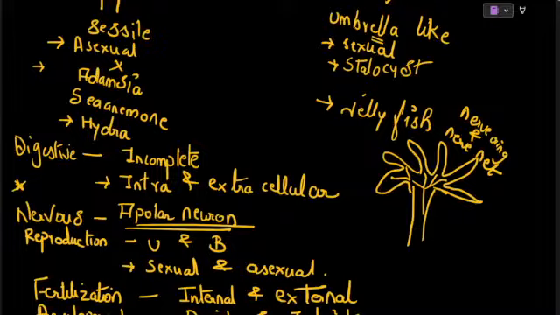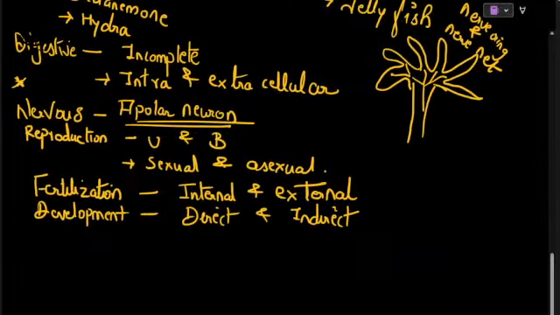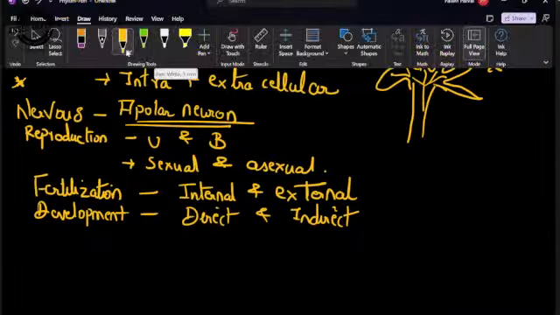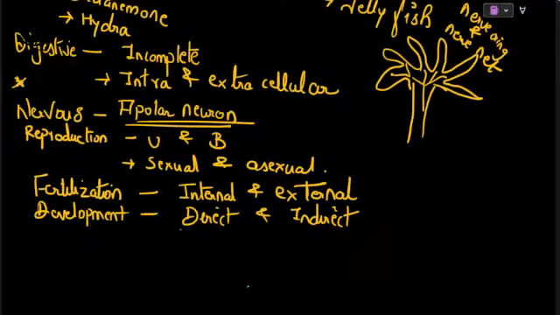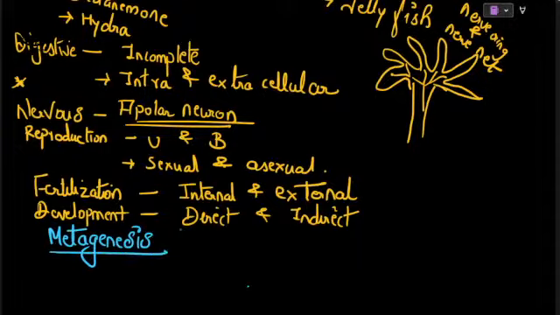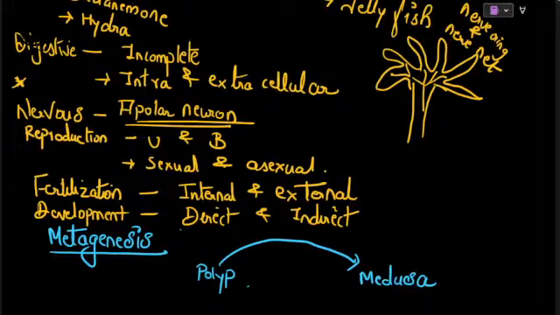What is metagenesis? So polyp to medusa is which type of reproduction? Asexual. And medusa to polyp is sexual.